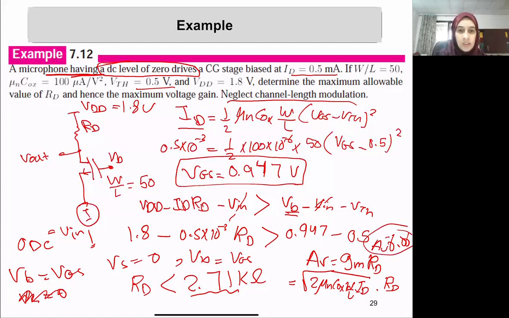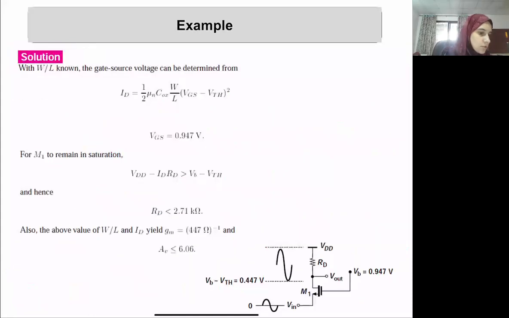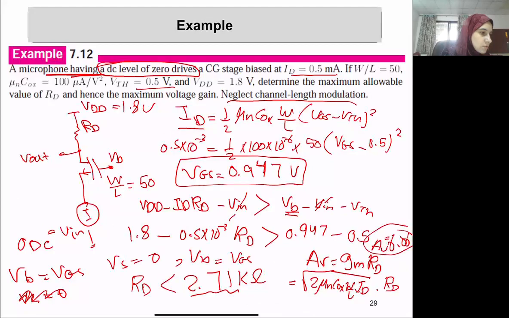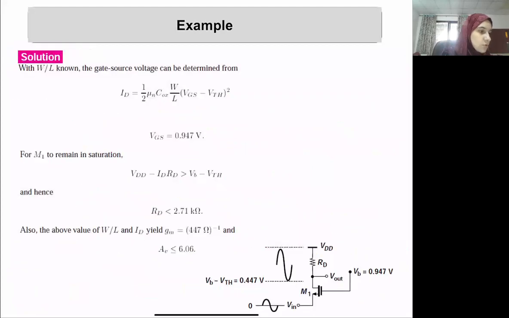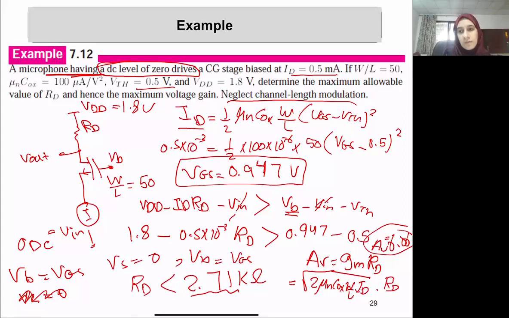Any question on this example? Is it clear? Okay, also here it is summarized for you. Any question, please?